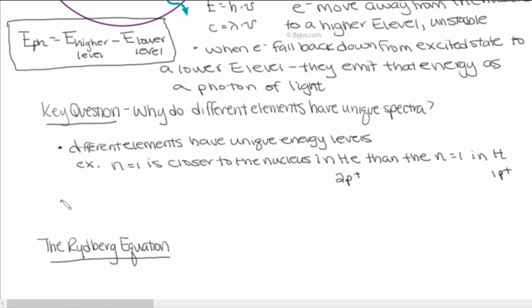And the other thing that's going to make all of these transitions produce different colors is that every element has a unique number of electrons transitioning between all of those energy levels.